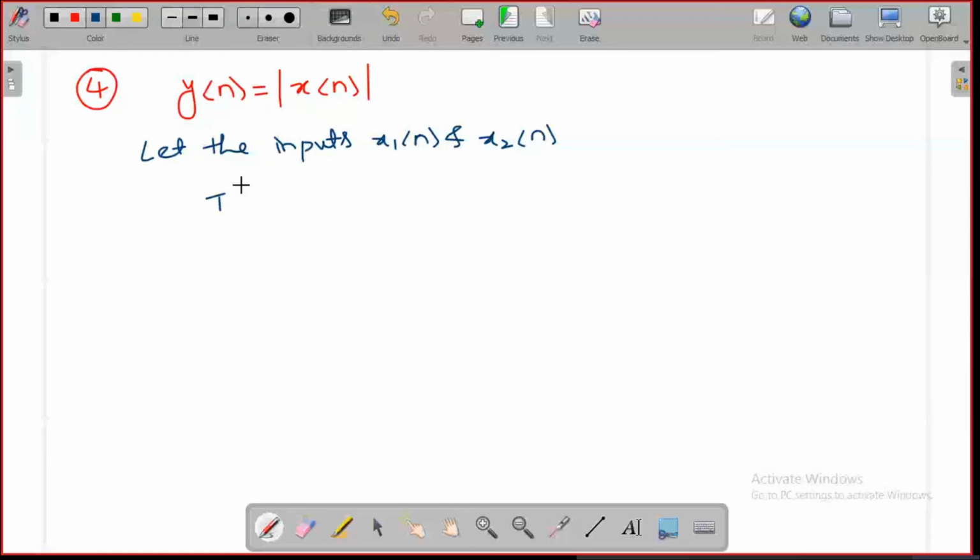So the response for the first input, t of x1 of n, is mod x1 of n.